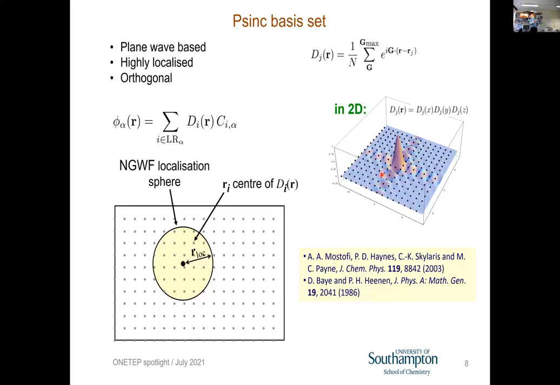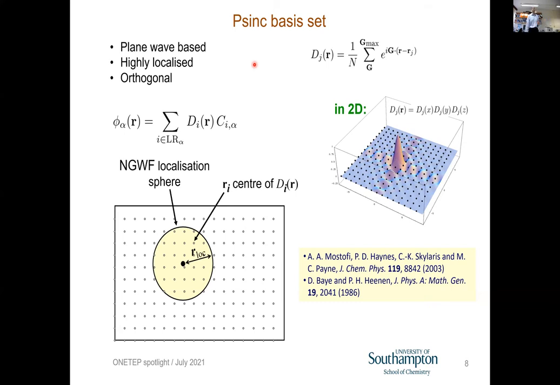So to optimize the NGWFs, we have a basis set, and this basis set is essentially a plane wave basis set. It's a plane wave method. So we have plane wave accuracy, but we don't use plane waves in the delocalized form.